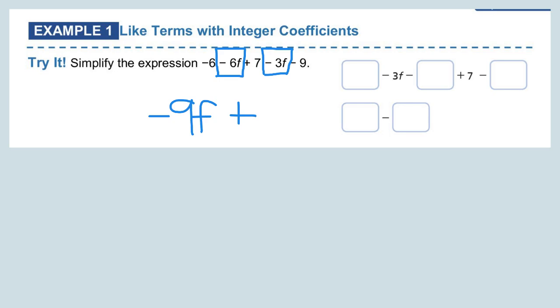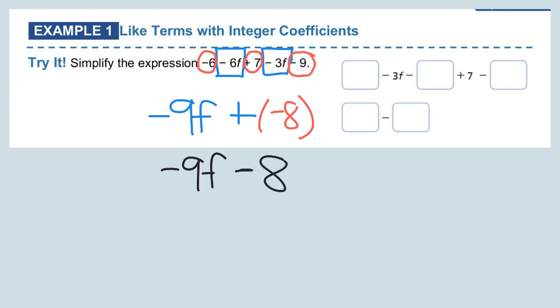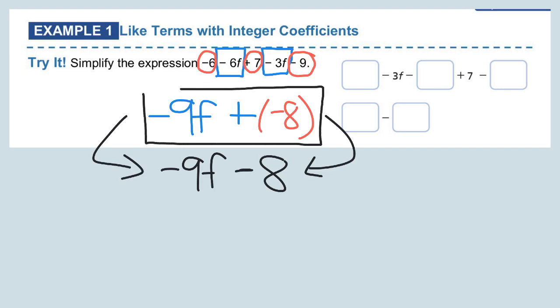And negative 6 plus 7 is 1. 1 minus 9 is negative 8. Now your book might show it to you like this. These are equivalent because of keep, change, change. I probably will always do the addition just because I feel like that's easier for us. But if you feel like you want to do the subtraction, that's okay too.